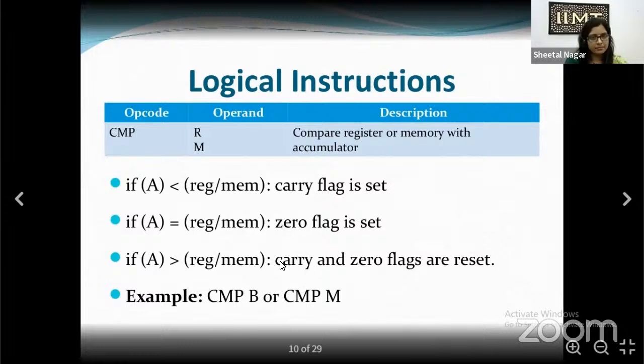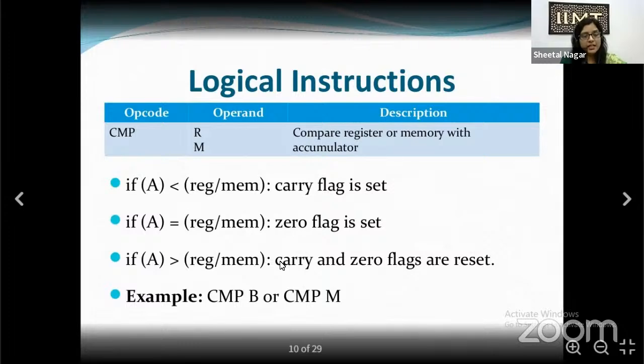Now, what is this M? First of all, we have to discuss what this M is. CMPM, compare M. What is the meaning of this instruction? The meaning of CMPM is to compare the contents of the accumulator with the contents of the memory location which is pointed to by the contents of the HL register pair, which is a memory pointer.